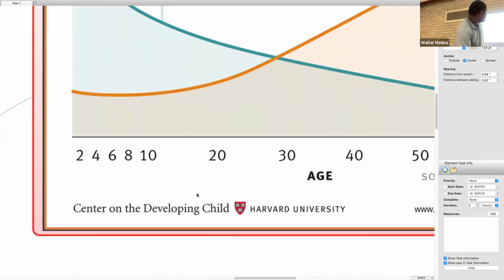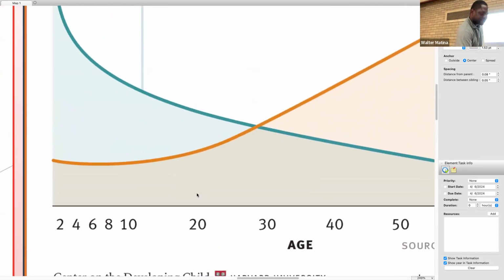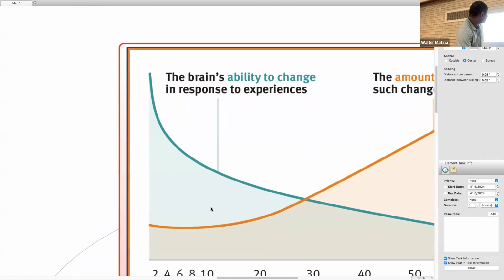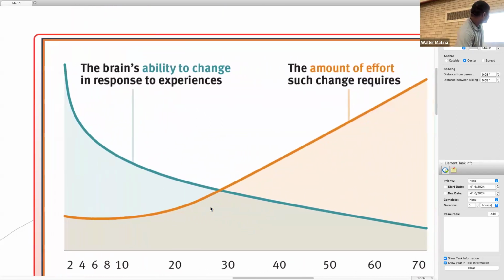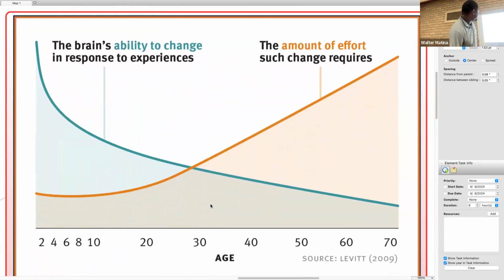I want to show you guys this image. And I think that this is a very interesting image. So we are going to do a different approach.